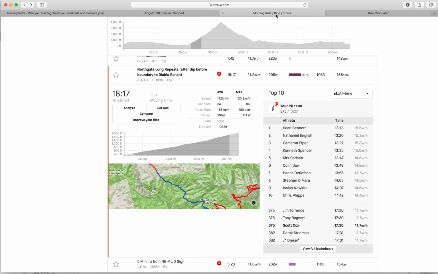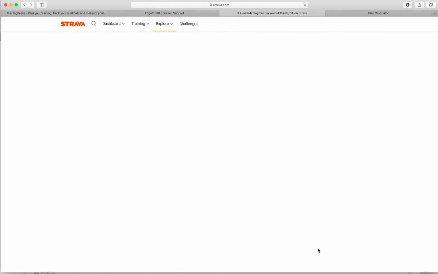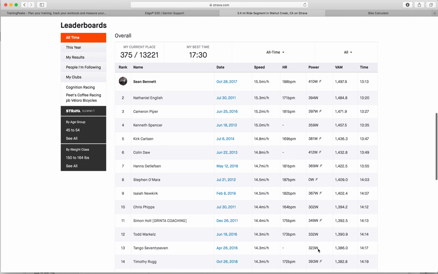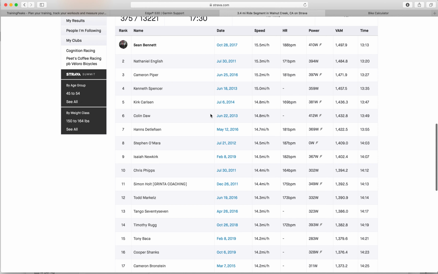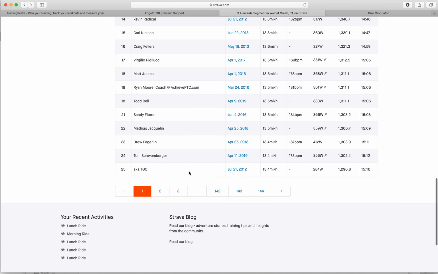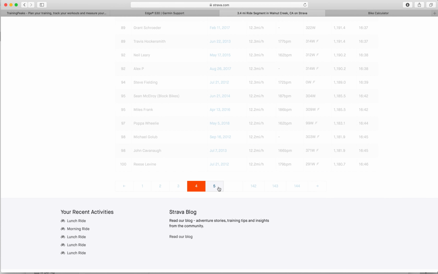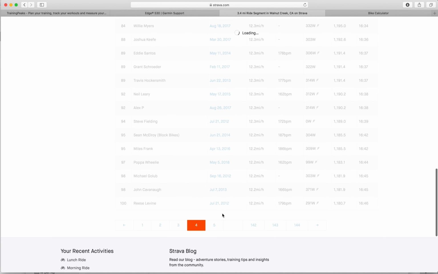Another double check is I'll pull up the leaderboard. Thousands of people have done the same segment, so I can look at their data to compare to mine. I pull up here, and I'm going to narrow this down based on my weight, and then I'm just going to start scrolling out. This part's a little tedious with Strava, but it's worth doing periodically with your data to make sure that you've got good data in there.